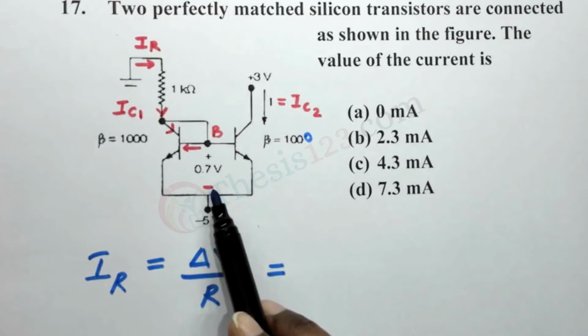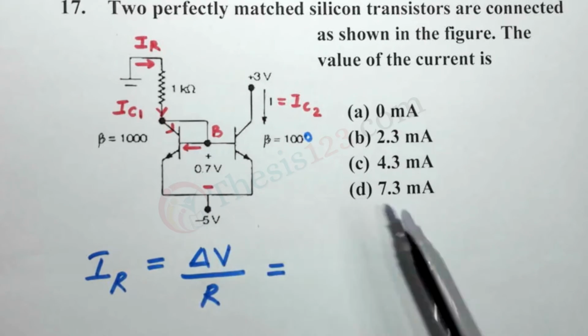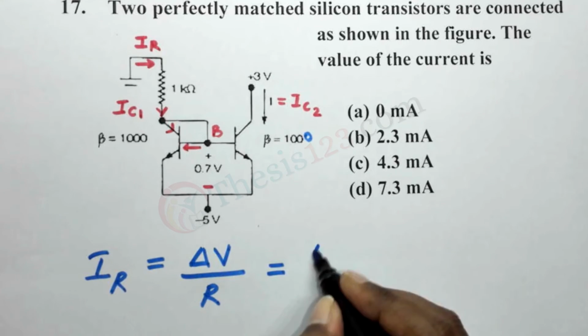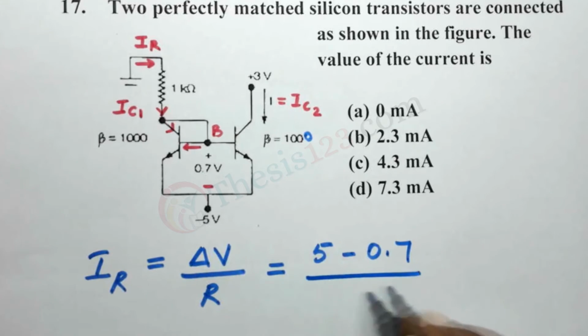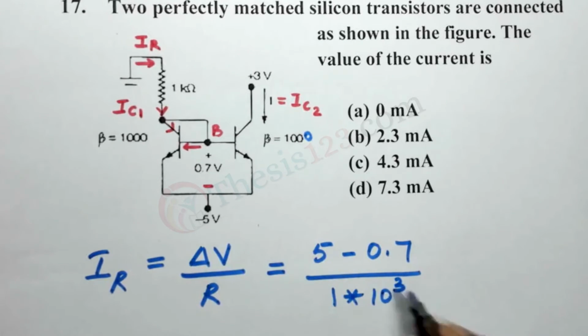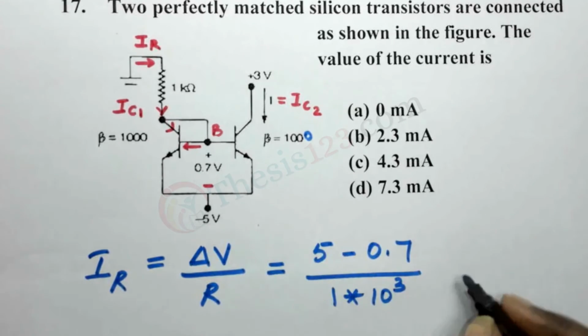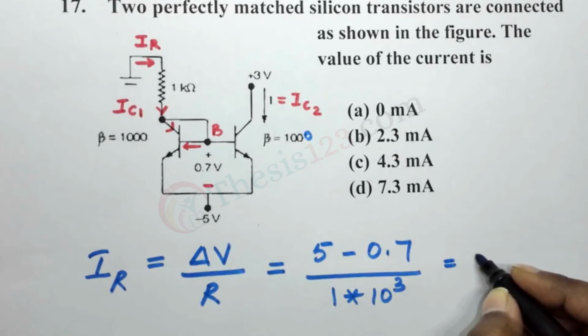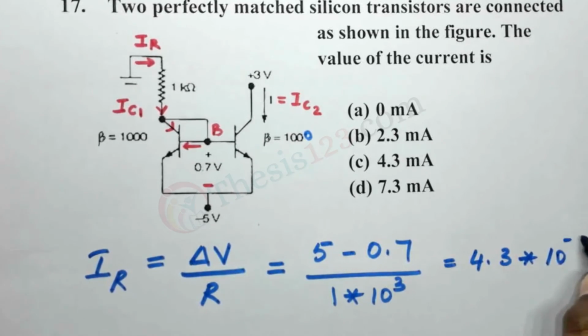So minus of minus 5 minus 0.7 is the difference. So that's 5 minus 0.7 divided by resistance, which is 1K. So if you solve this part, we will get the current that is passing through the resistance, which comes to 4.3 into 10 power minus 3 amps. This is the current of the resistance.